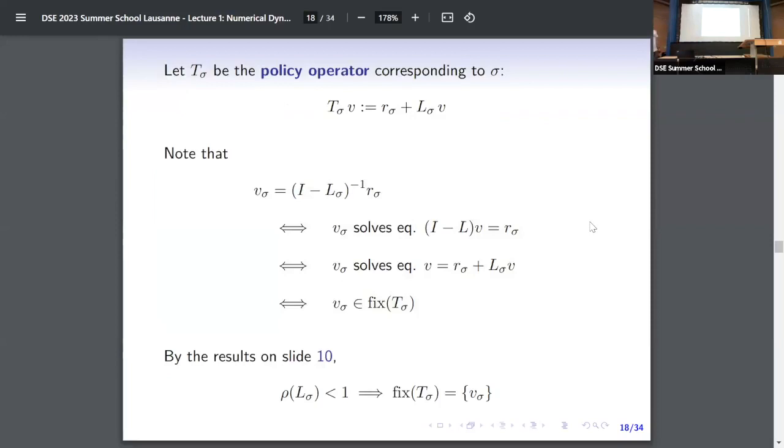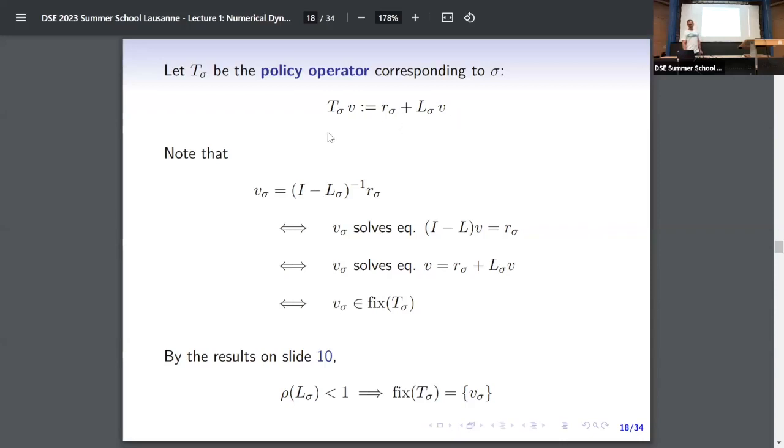Okay, so because we're concerned with computing lifetime values, we'll talk also about what's called a policy operator. So the policy operator is a little bit like the Bellman operator, but it's at a fixed policy. So instead of choosing the optimal action, you're just going to stick to a given policy and follow that.